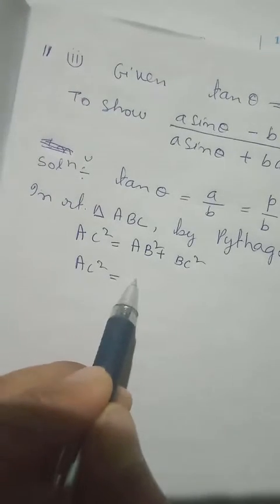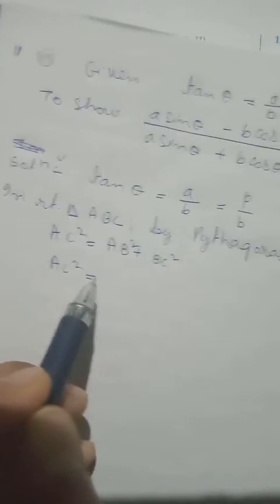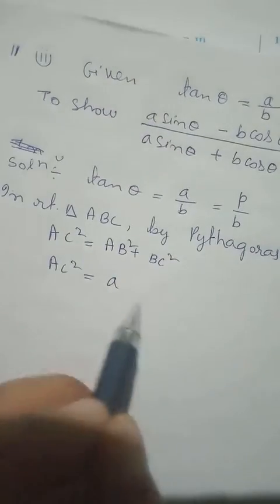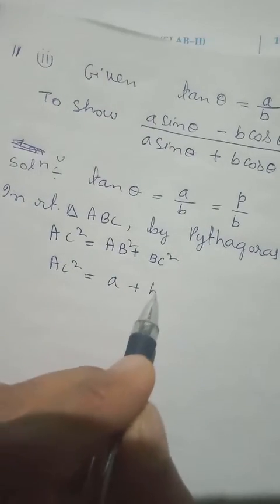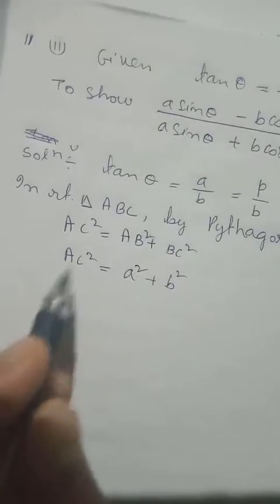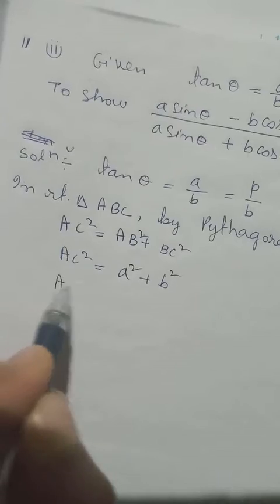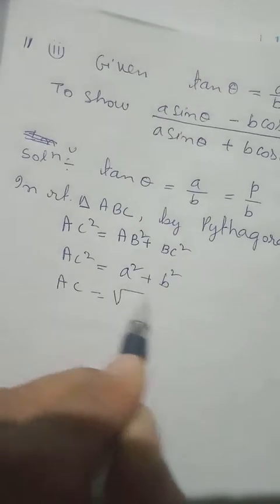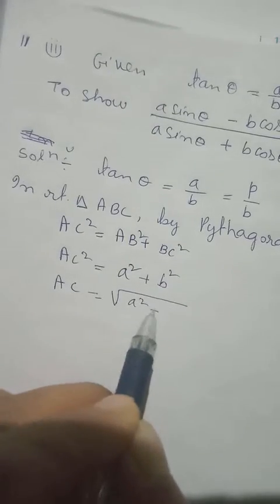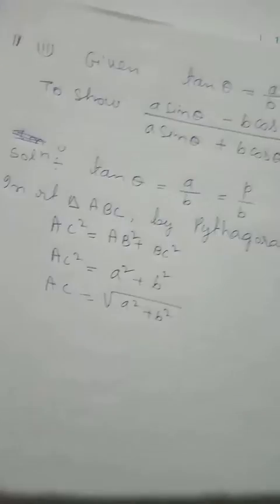AB we know it is a, then BC is equal to b, but here they have square, so let's write square. But we don't want AC square, we want only AC, so in order to remove the square, we have to put both of them under square root.